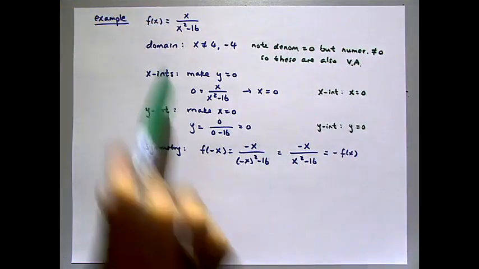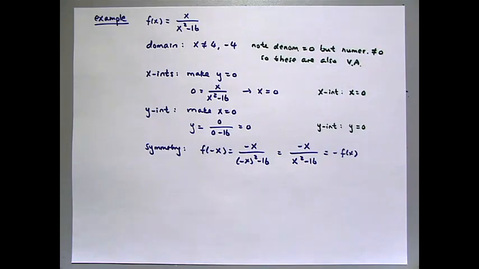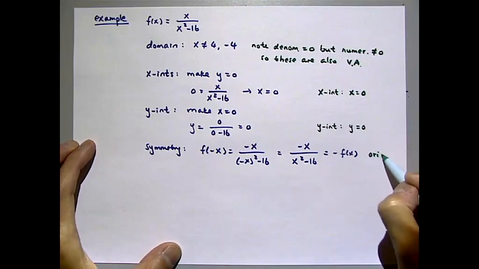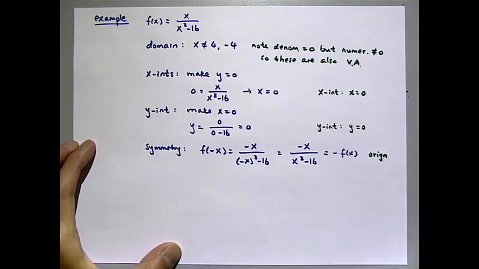It's the negative of the original function. Okay, so what type of symmetry is this? Origin, right? No, that's not how you spell origin. Origin, there.